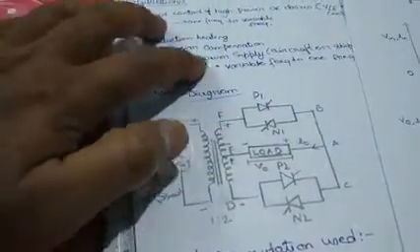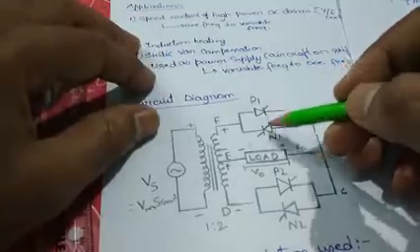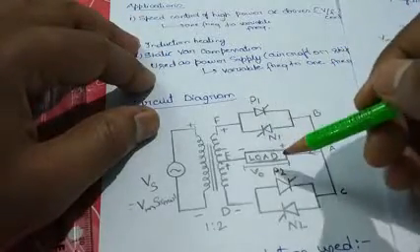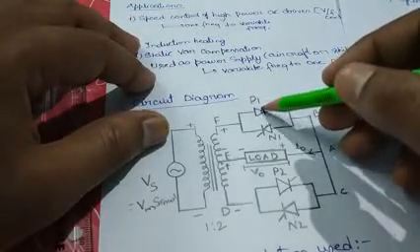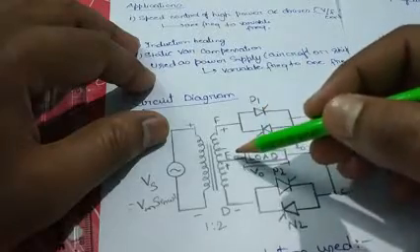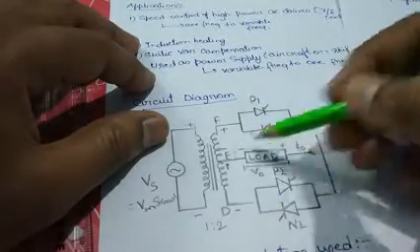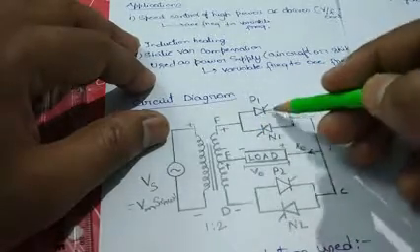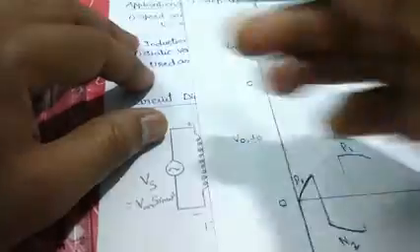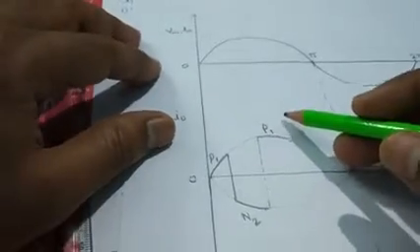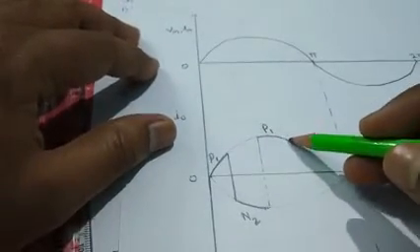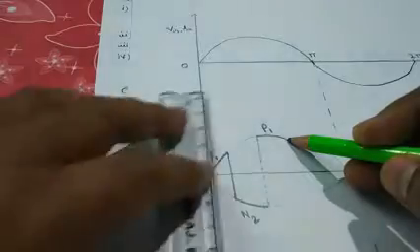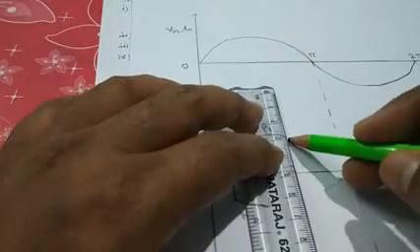P1 is capable of conducting, so we will again turn on the P1 thyristor. When P1 triggers, the current which was flowing earlier from E to A will suddenly flow from A to E, in this direction. Now again at this point we will forcefully commutate the P1 thyristor.